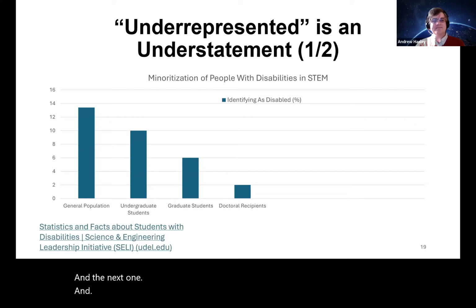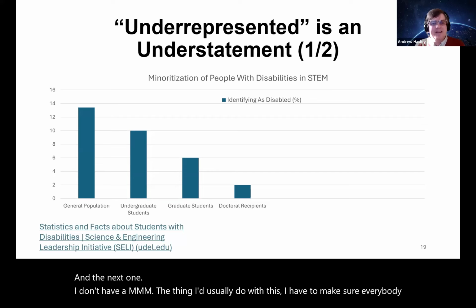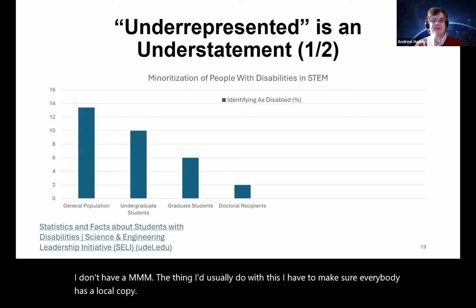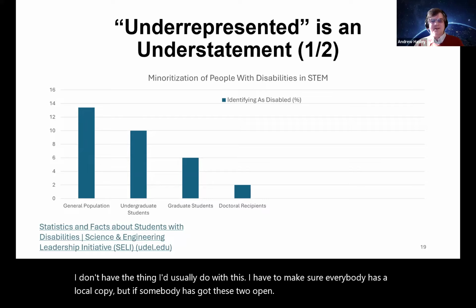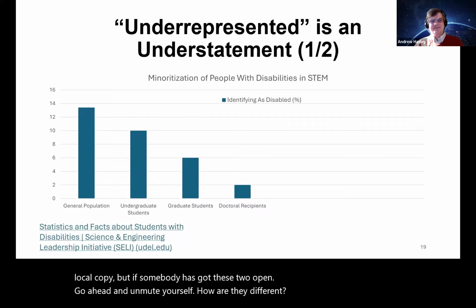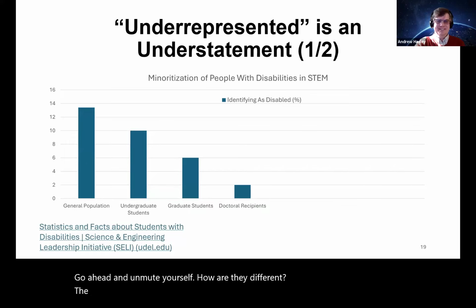I don't have the thing I'd usually do with this, I have to make sure everybody has a local copy. But if somebody's got these two open, go ahead and unmute yourself. How are they different? The two charts. And it's okay if you can't find it because it's interesting.